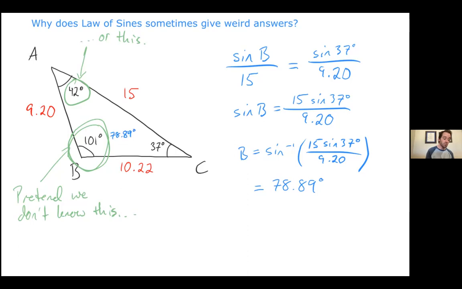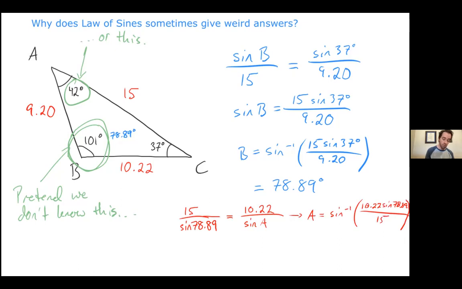Now I'll use that to determine other stuff that I know. So I'll say, okay, well, 15 over sine of 78.89 degrees is going to be equal to 10.22 over the other unknown angle, sine of A. I can rearrange this to get A is equal to the inverse sine of 10.22 sine of 78.89, divided by 15.